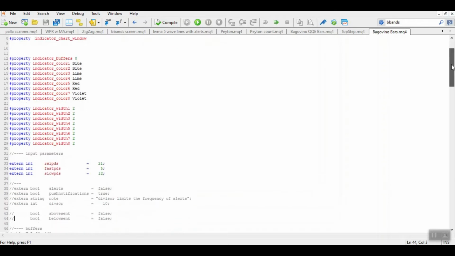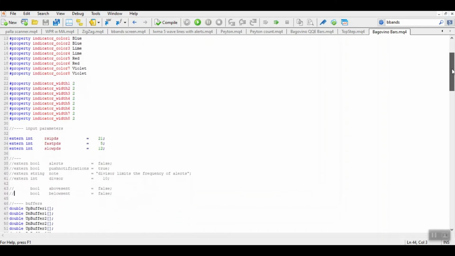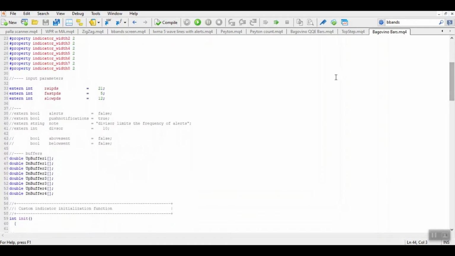All this is doing, there's your indicator colors and the widths. What he did, he used RSI period 21, and he used two moving averages, 5 and 12. I just left those the defaults. That's what he used, so that's what I put.